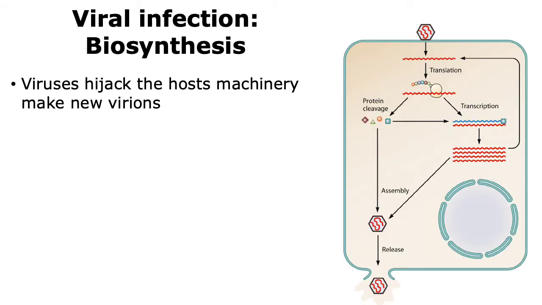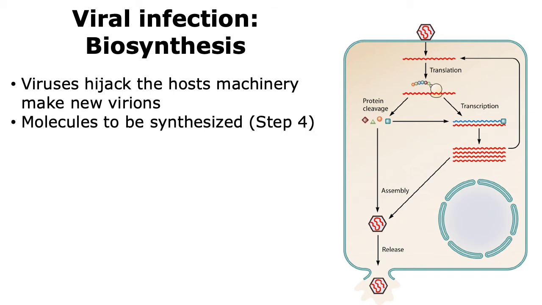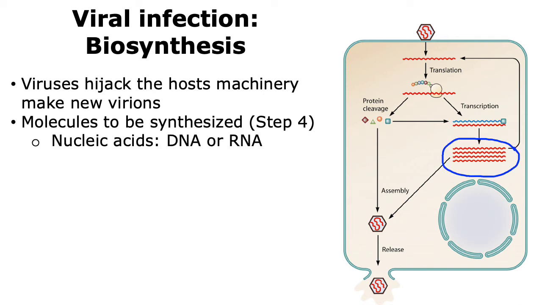Once the virus is in, it is able to hijack the host machinery to make new virions. For this to happen, different molecules have to be synthesized, and thus biosynthesis is an important step during the viral infection. The different molecules that have to be synthesized include nucleic acids, which could be DNA or RNA depending on the type of virus, or proteins.